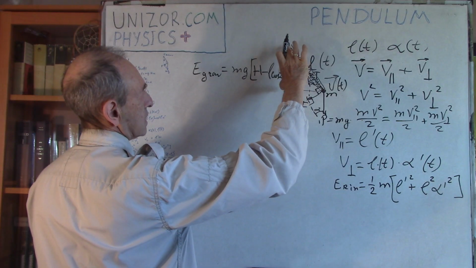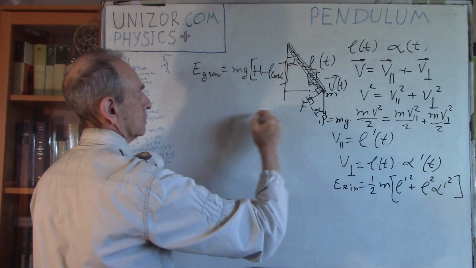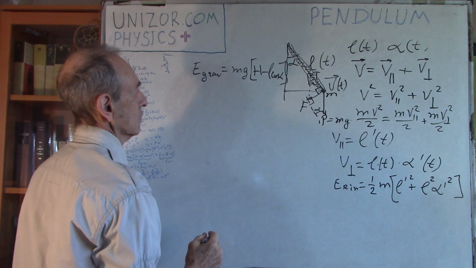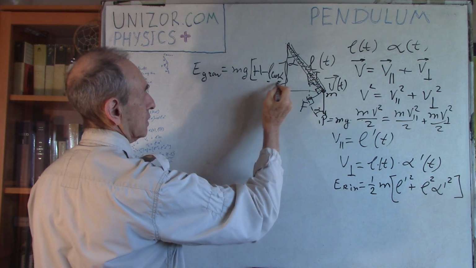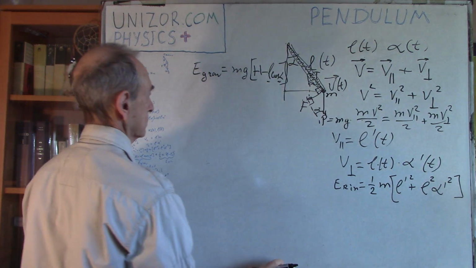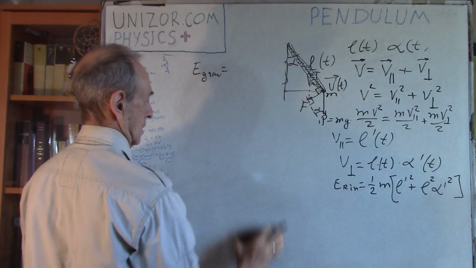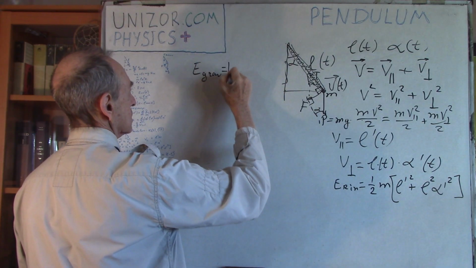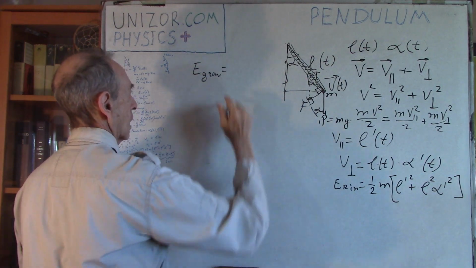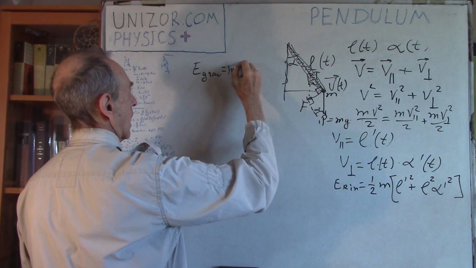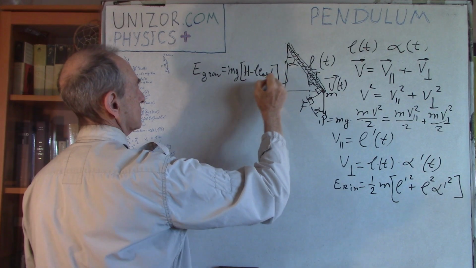So this is L cosine alpha. H is the height of the top from the ground. So that's exactly the same as before. The only thing now, L is also variable as well as alpha. Let me write it down a little bit more accurately. Gravitation is equal to mg times h minus L cosine alpha.